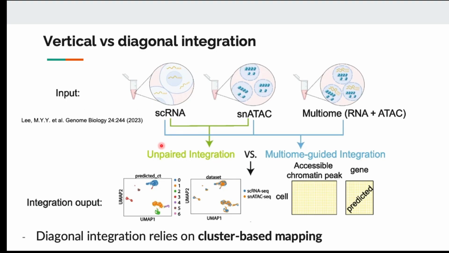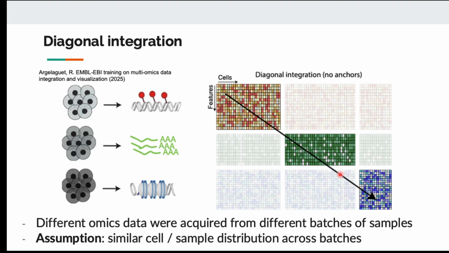So when we want to integrate the data along this diagonal, the only thing that we can assume is that different cohorts are from the same disease. So we expect the same or similar distribution of gene expression, similar distribution of cell type, right?